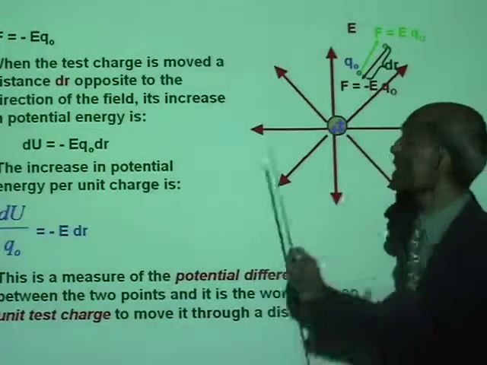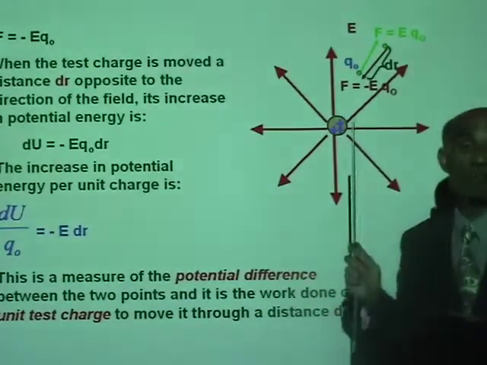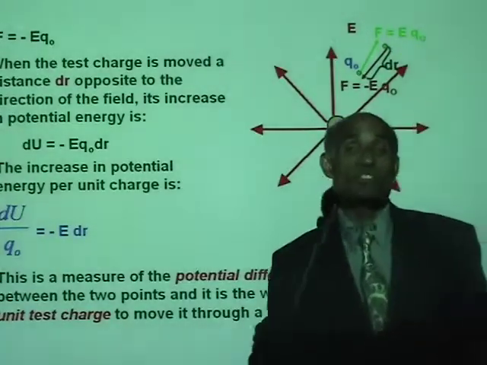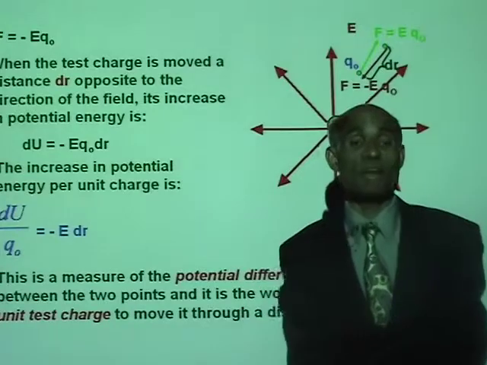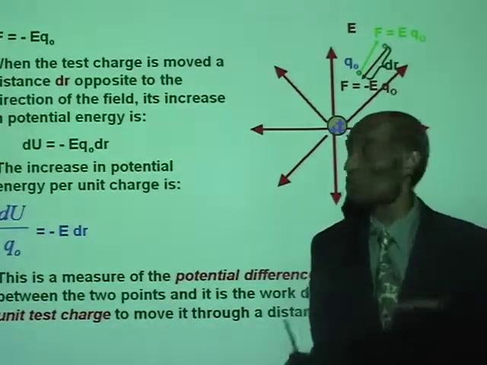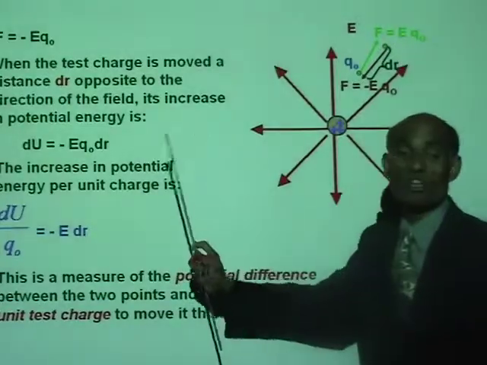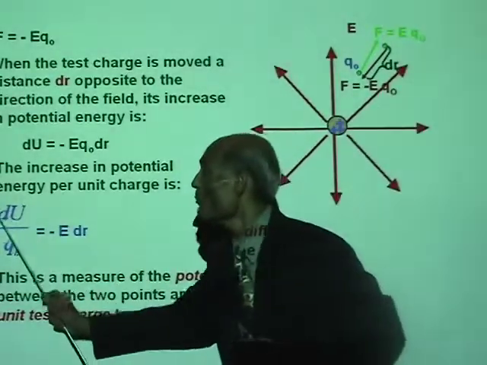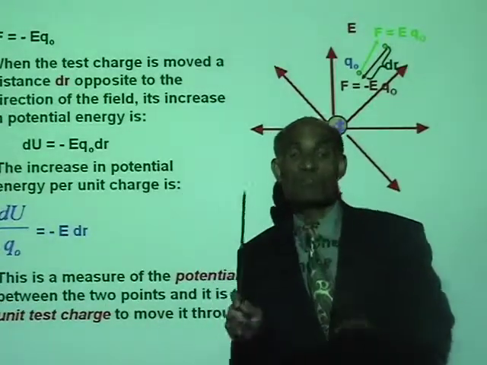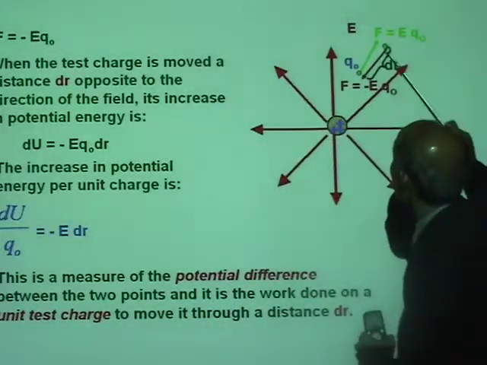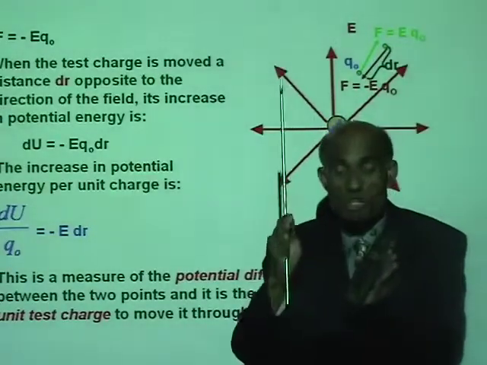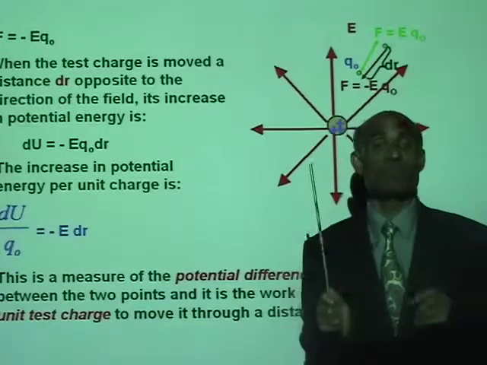A very important concept. What is the definition of potential difference between 2 points? I will ask you a couple of days from now again this question. What is the definition of potential difference? Potential difference is a measure of the work done per unit charge to move it from one point to the other. That gives you a measure of the potential difference between 2 points.